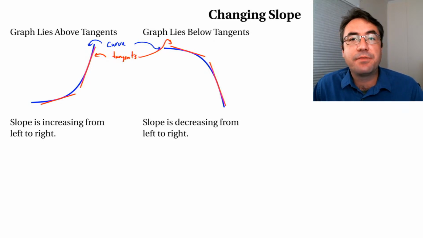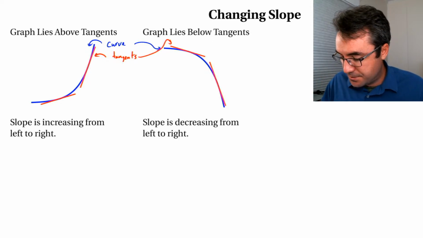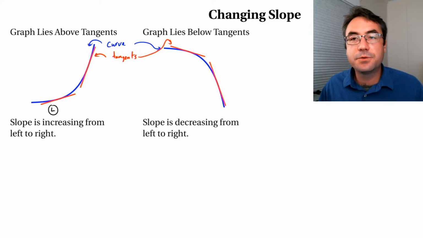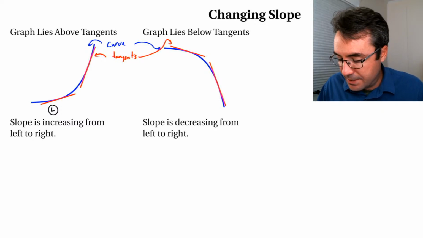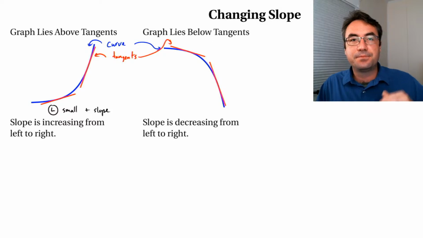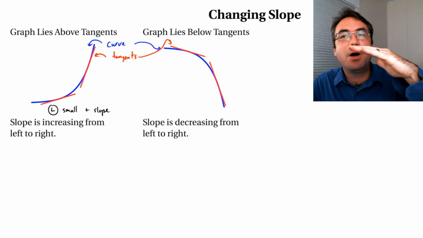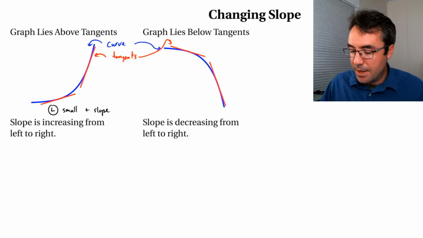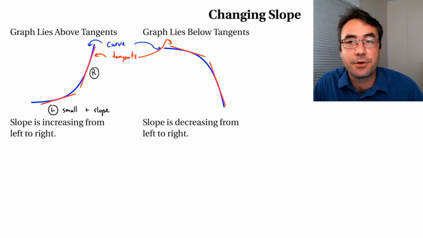Now let's start with the graph on the left. Let's start with the leftmost tangent line that we see here. If we were to characterize this, this would have a small positive slope. It's kind of flat, but it is still going up. So it's positive, but it's not very impressive, so it's a smaller positive slope. Now let's look at the tangent line further to the right along that curve.